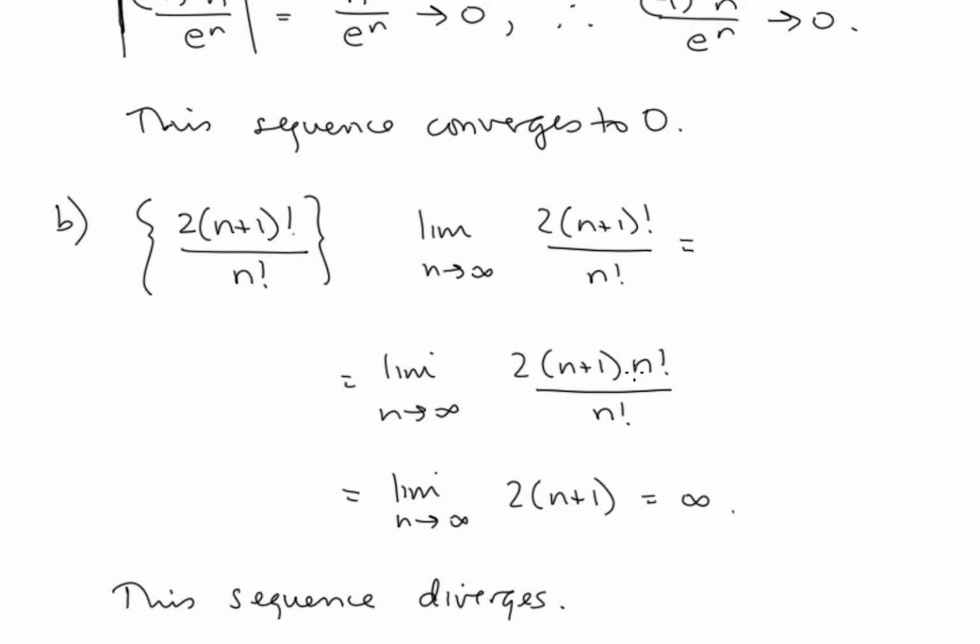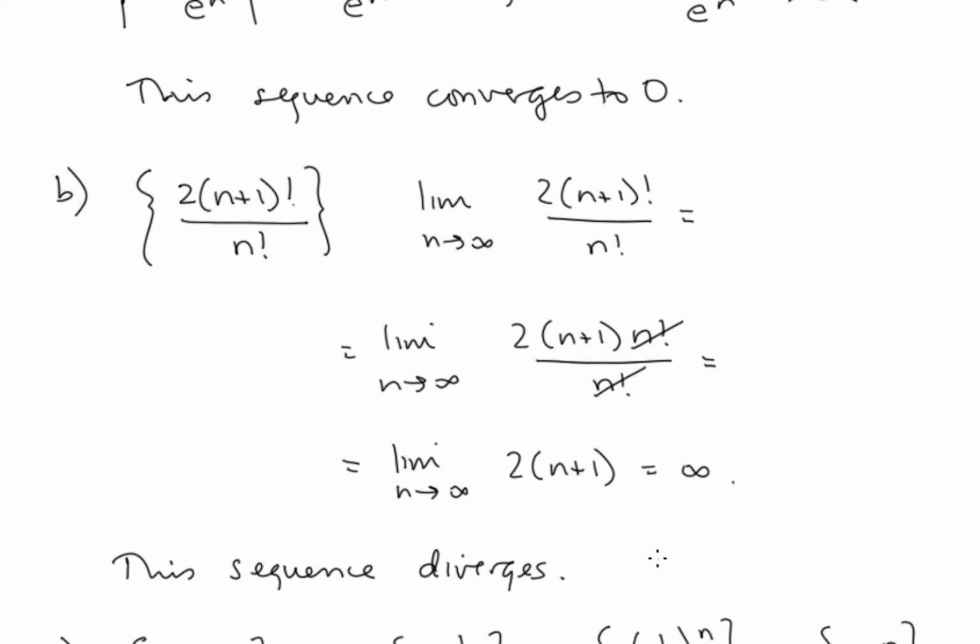And then our n factorials cancel in the numerator and the denominator. So we're left with the limit as n goes to infinity of 2 times (n plus 1). As n goes to infinity, this goes to infinity. So this sequence diverges. Remember we said that a sequence converges when the limit exists as a finite number, not infinity. So this sequence diverges.